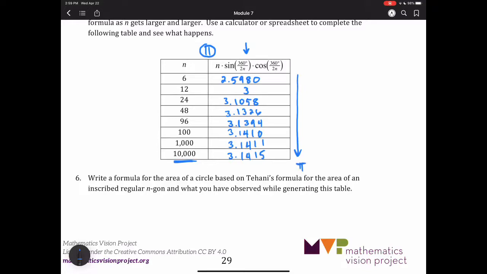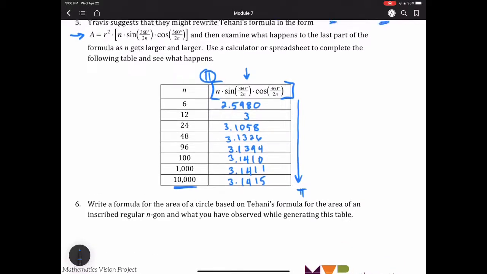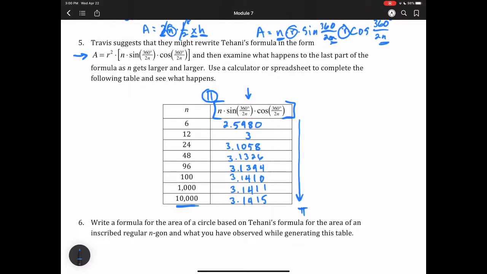So what we're going to do now is write a formula for the area where this whole thing in brackets, as it gets larger and larger, is just going to be equal to pi. So we can substitute pi in for that whole thing. So pi is equal to n times the sine of 360 degrees over 2n times cosine of 360 degrees over 2n.